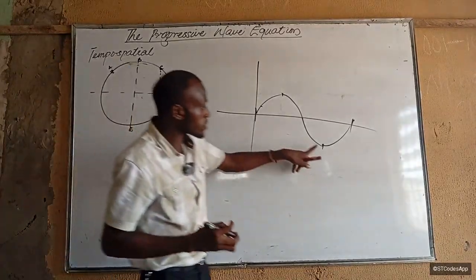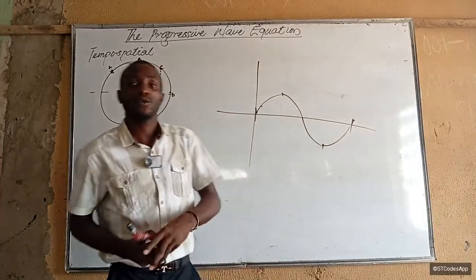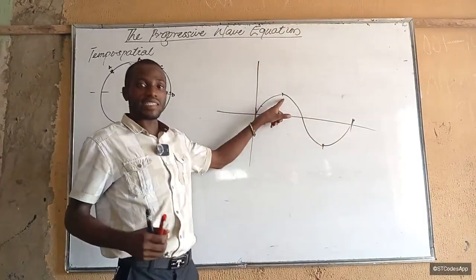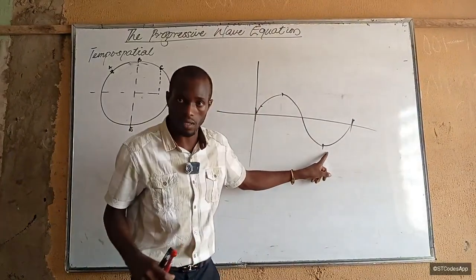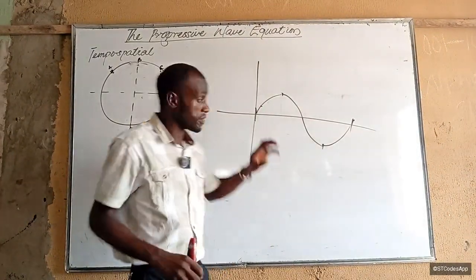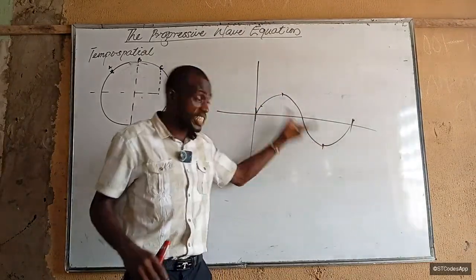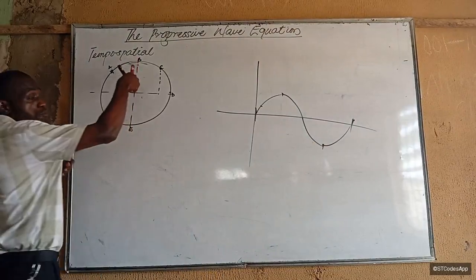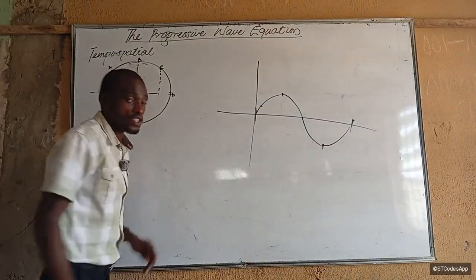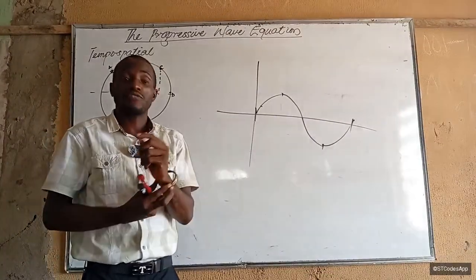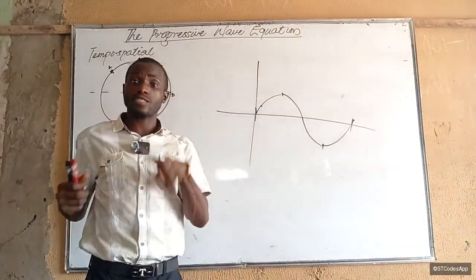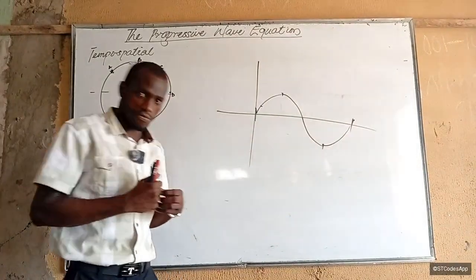Those are the points that coincide with my wave, because those are the points of the crests and the troughs of this wave. I hope you're following me. This point is the crest, this point is the trough. And these points coincide with the maximum displacement, which of course is the radius of the circle around which our particle is moving. Are you following?